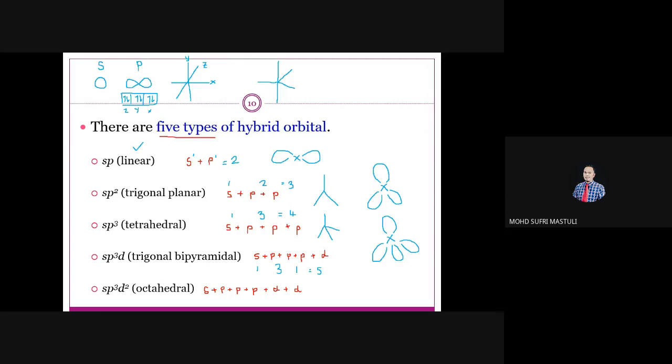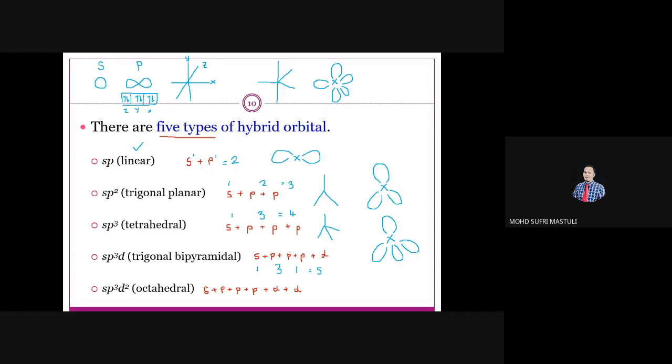If we have a central atom X with hybridization of sp3d, we can draw the trigonal bipyramidal. My drawing is not so nice, so you can draw better than me.